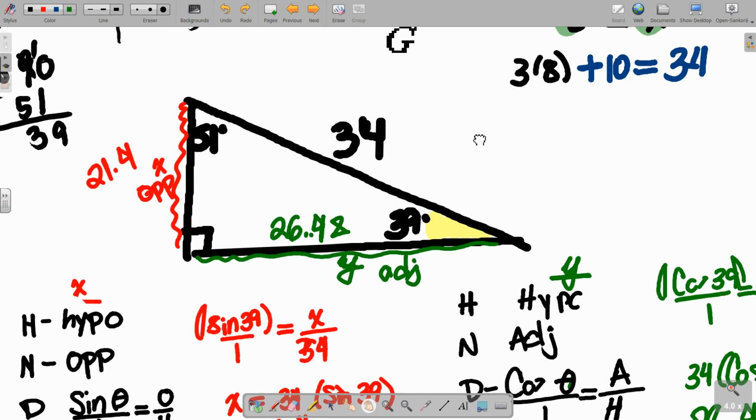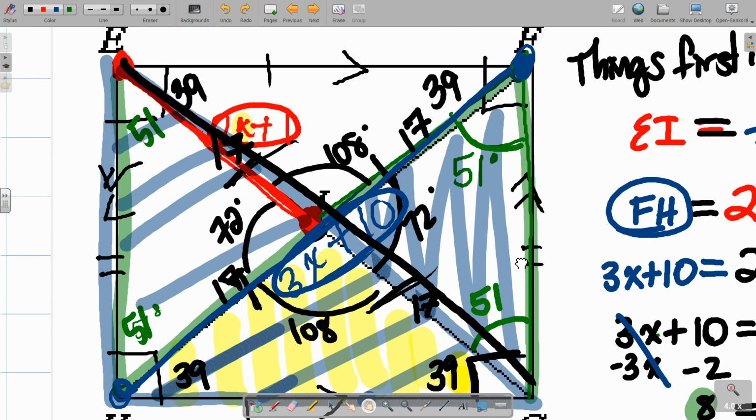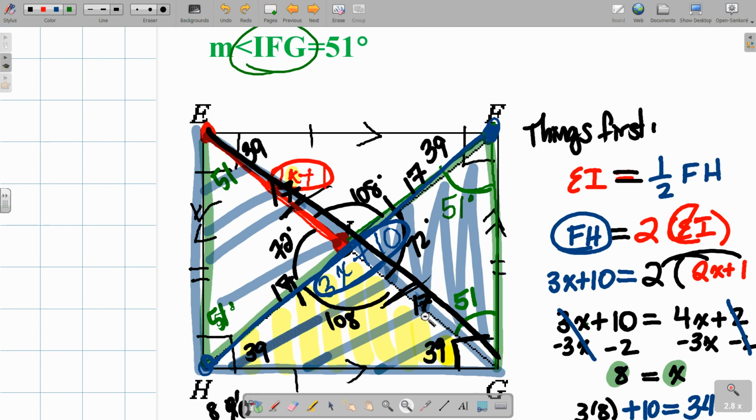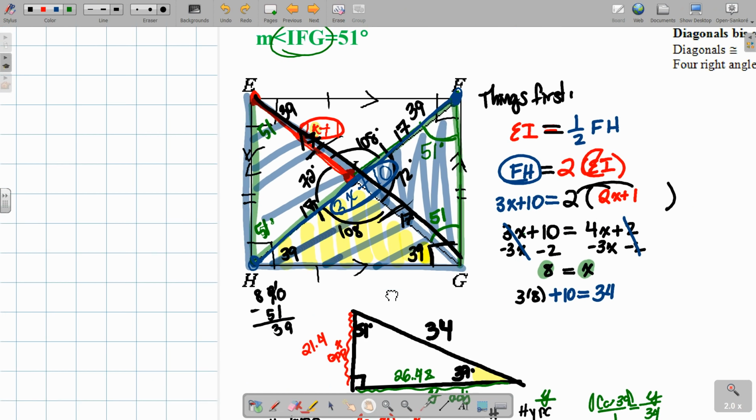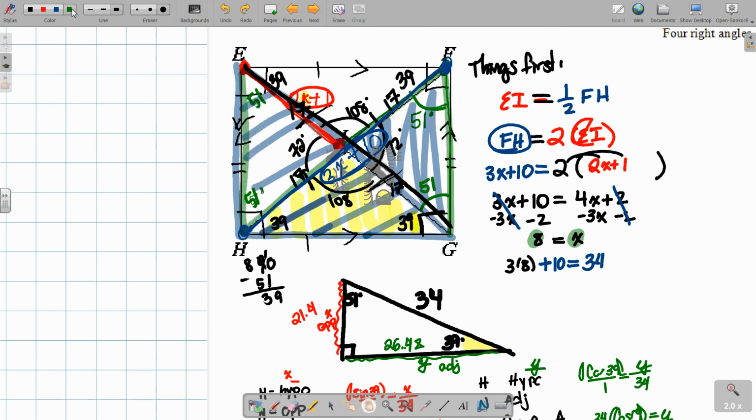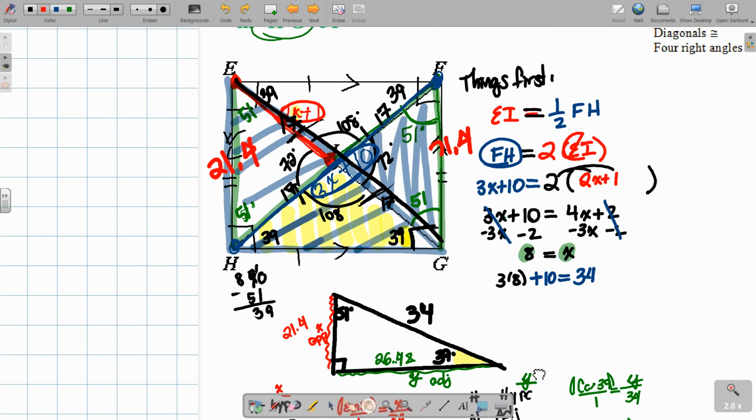So we're going to bring those numbers up here. And for our final version of this rectangle, these outer edges, first off, let's do left and right. That's going to be 21.4. Top and bottom, 26.42.